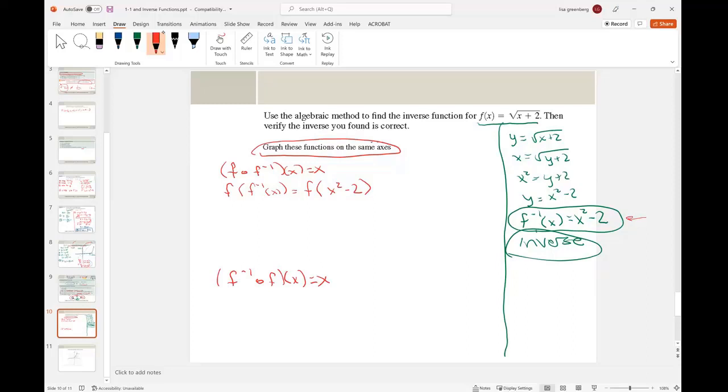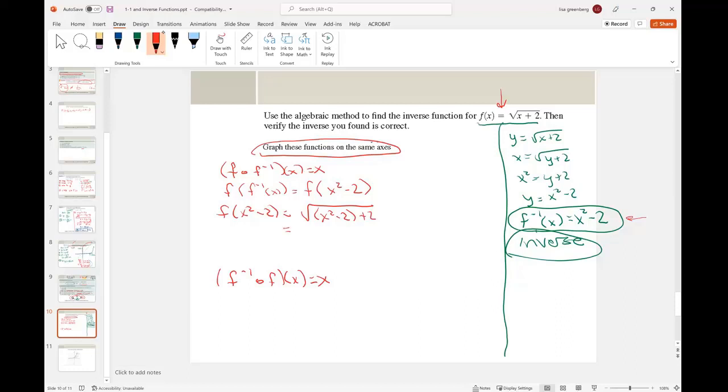Now I have to put x squared minus 2 into my function. So f of x squared minus 2 is equal to the square root, and x squared minus 2 has to go where x was, plus 2.